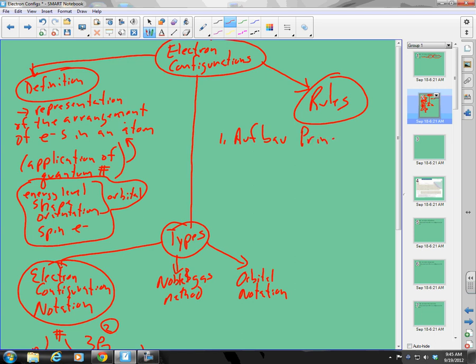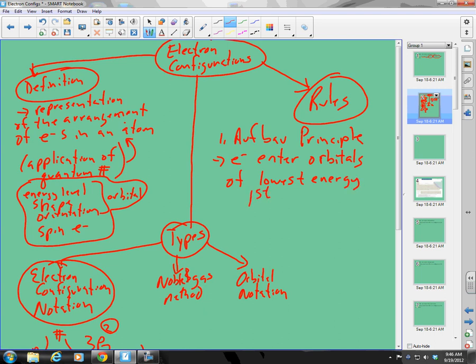And it states that electrons fill or enter, occupy, you might say, orbitals of lowest energy first.